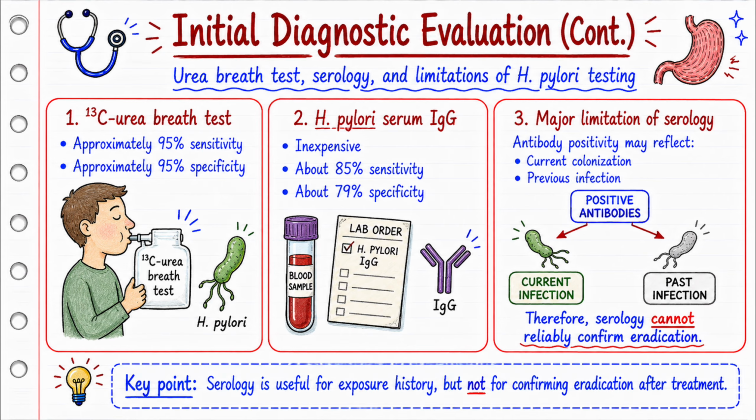Therefore, a positive serologic result cannot reliably distinguish between active and past infection. Most importantly, serology should not be used to confirm eradication after treatment. For that purpose, stool antigen testing or the urea breath test is preferred.